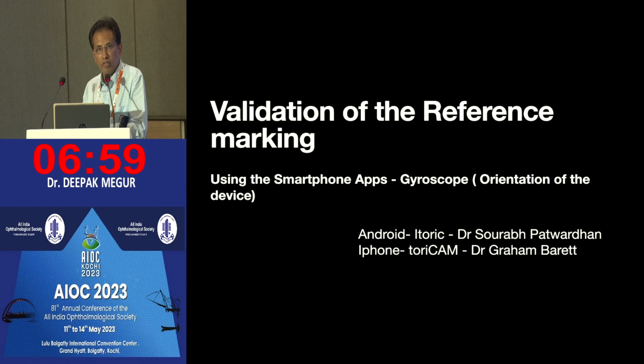And thankfully we have got two excellent apps. Android, which I use, is iToric. Dr. Saurabh Patwardhan's here, he's here only. And people who are using iPhones, they can use Toricam, Dr. Barrett's app. And basically what these apps tell you is whether your horizontal reference marking is good enough or not. Because that is the most important source of error.